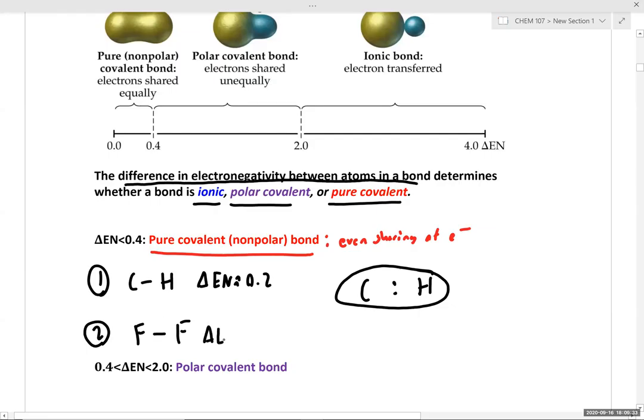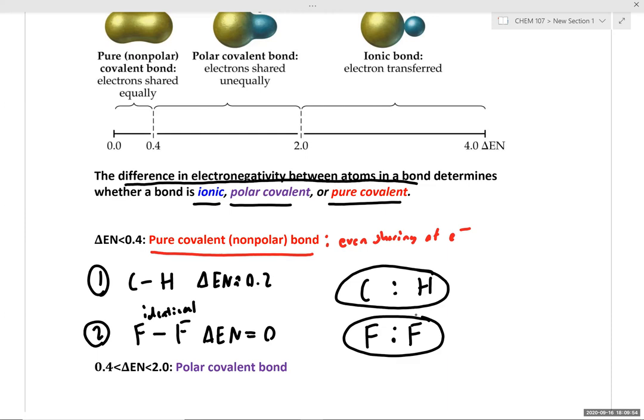If these atoms are identical, the difference in electronegativity is going to be 0. So even though our two fluorine atoms are viciously electronegative, they both pull on our electron density with the same strength.